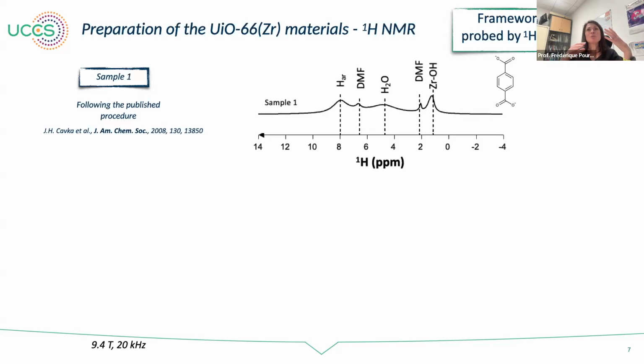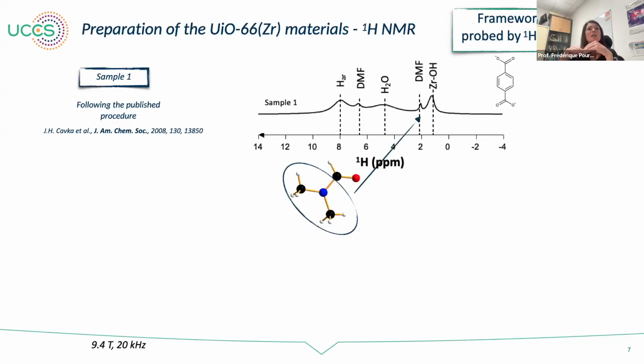In these experiments, you can distinguish the aromatic signal, the water and the ZrOH group of the MOF, but you can also look at the DMF, the dimethylformamide that we used as a solvent during the synthesis.